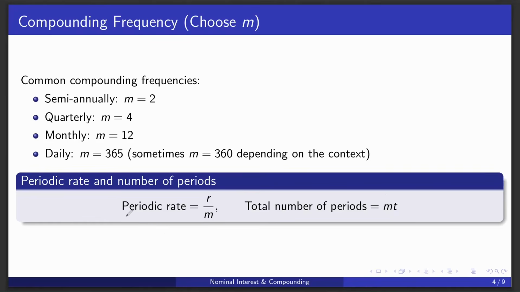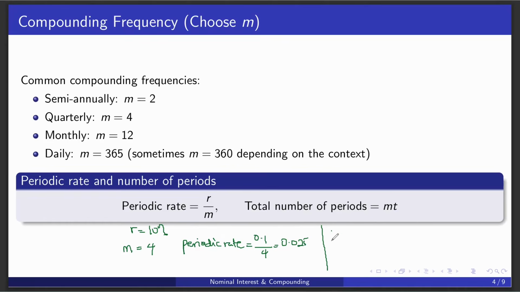Given that the interest rate for a particular year is R equal to 10%, and interest is compounded 4 times in a year, quarterly, then the periodic rate is equal to 0.1, which is 10%, over 4, and that gives 0.025.